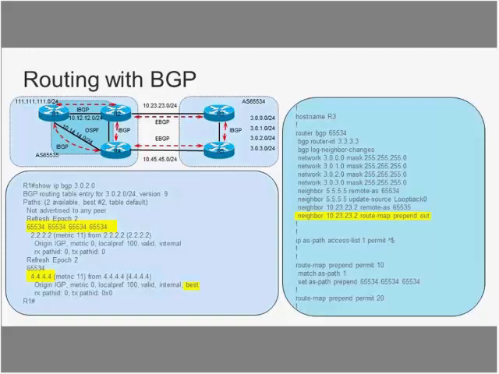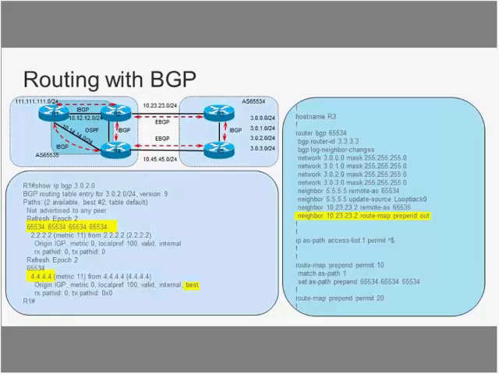So it actually makes the AS path length bigger. So here neighbor 10.23.23.2 is saying to prepend these 3 AS numbers, right? So the AS path has increased by 3 more, right? What it will do is make the path via R4 preferred because that does not have such configuration.